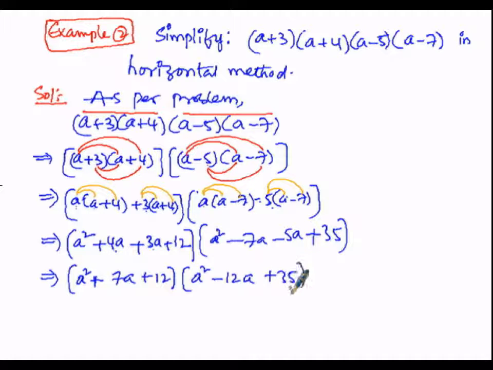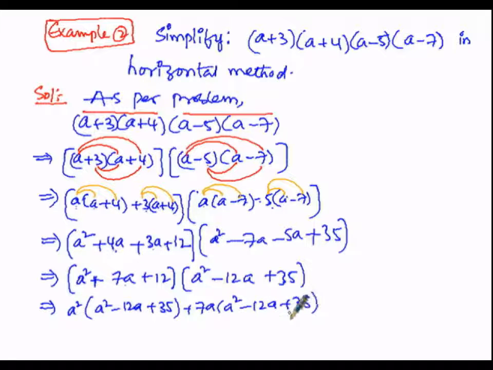Now we have to multiply a square with the entire bracket of the second expression, a square minus 12a plus 35, then the second term plus 7a with the entire bracket of the second expression, a square minus 12a plus 35, plus 12 must be multiplied with the entire bracket, that is a square minus 12a plus 35.